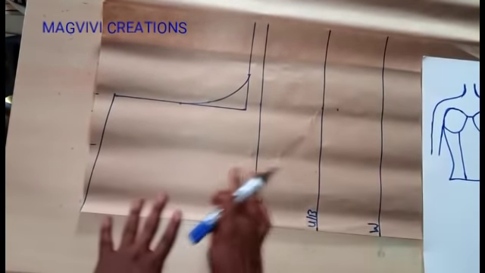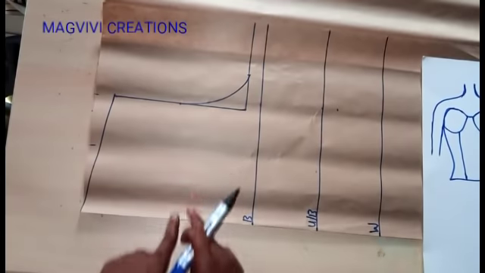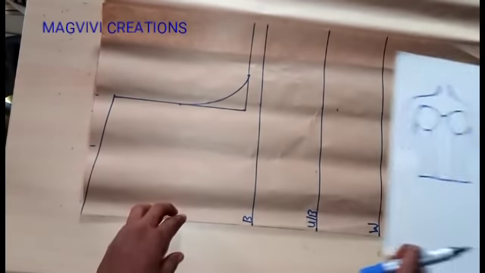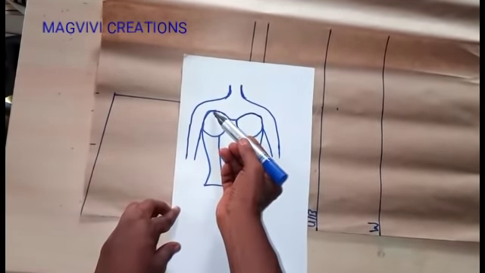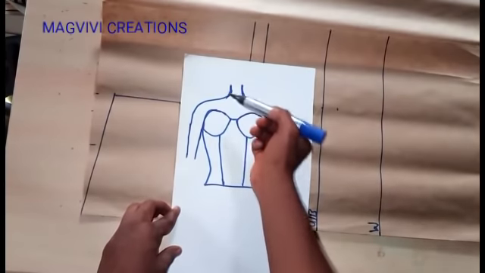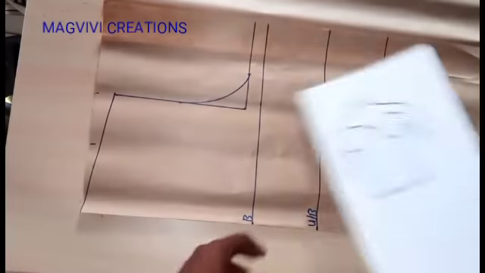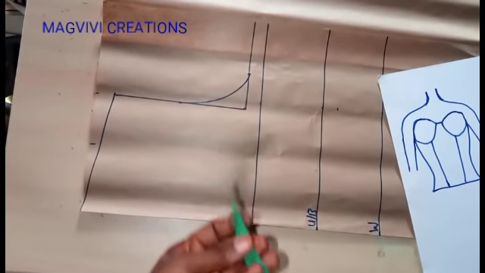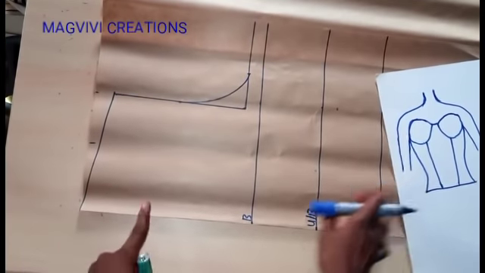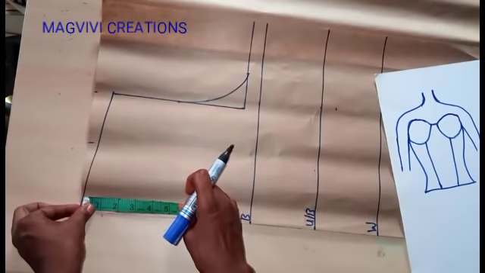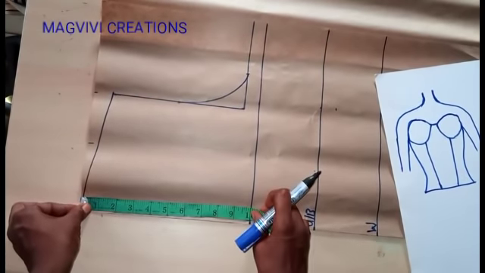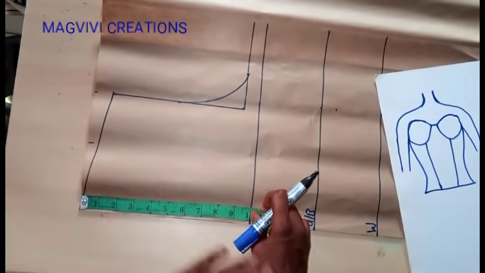So having placed all these other points, the next thing now is to place the neckline. That's why I made this diagram, to show you. Where you want your corset to get to, from your shoulder to that point, you take it. In this case, from the shoulder to the neckline, I want it to be 6 inches. You can take whatever you want, however you want it.